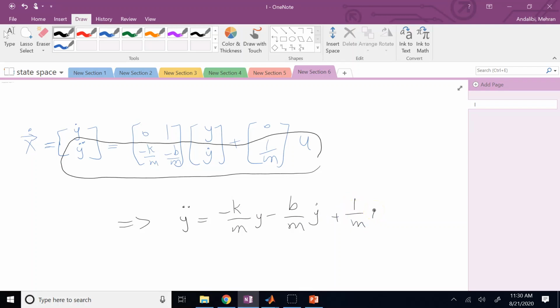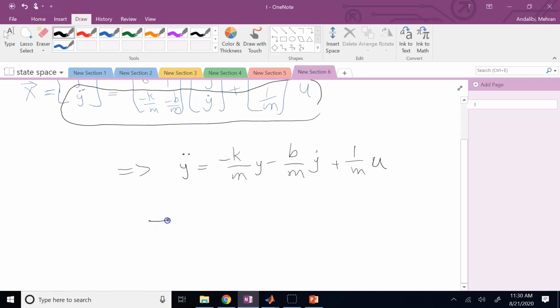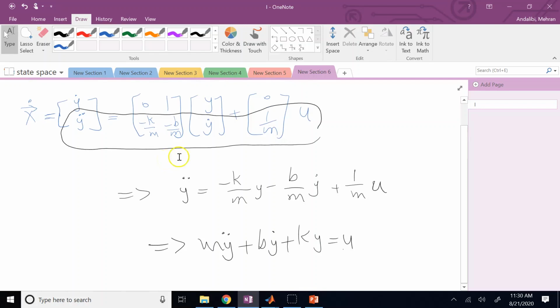Just multiply both sides by M, bring the negative terms to the right-hand side, and you will get what you had in the past. Okay, so it's not a big deal. It is basically hidden inside your state space. Typically, it's the last equation if you choose your state variables in the same order that I said, y and y dot, position, velocity, for a mechanical system.